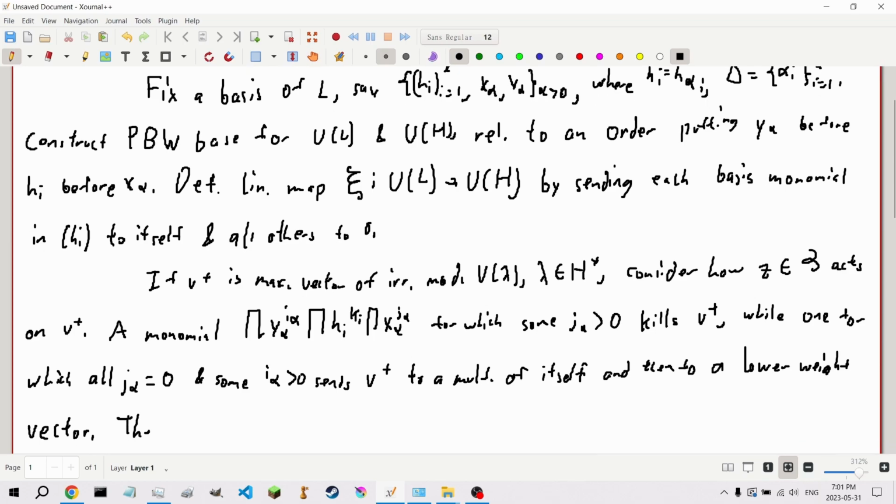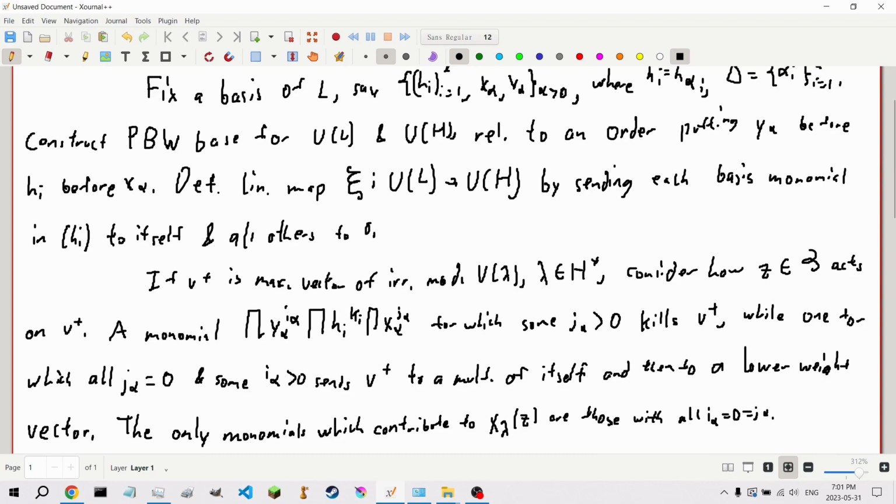From this, the only monomials which contribute to the eigenvalue chi lambda of z are those for which all i_alpha and j_alpha are 0.